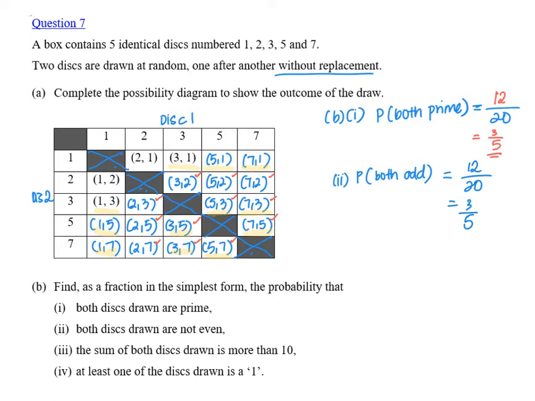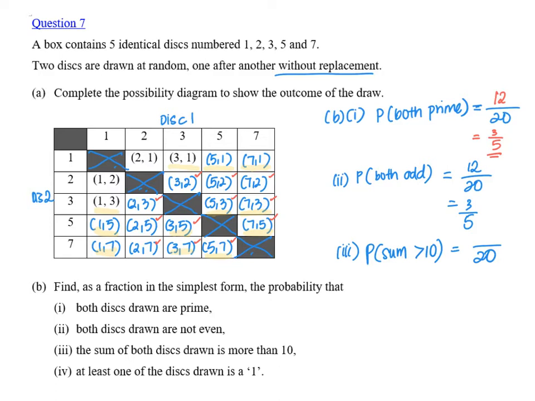Next, we want the sum of both these drawn to be more than 10. So let's look at the cases where the sum is greater than 10. Denominator is still 20. Out of 20 cases, we can have a sum of more than 10. 5 and 2, 5 and 3, 7 plus 2 is 9.